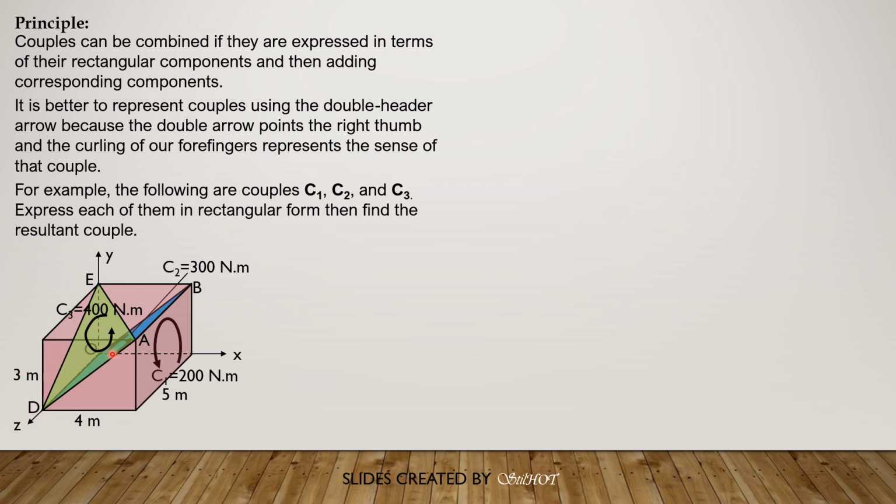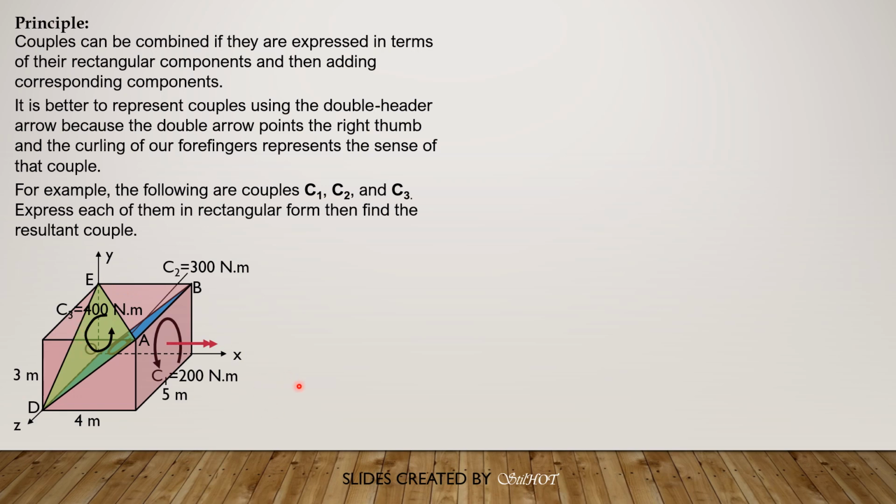So to do that, we first define the axis of the couple, then after that we can express that couple into its rectangular components. So this third couple has XYZ components.